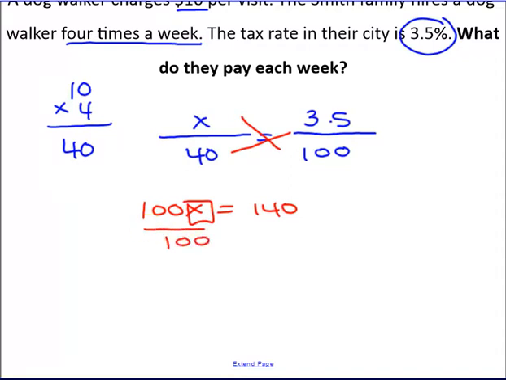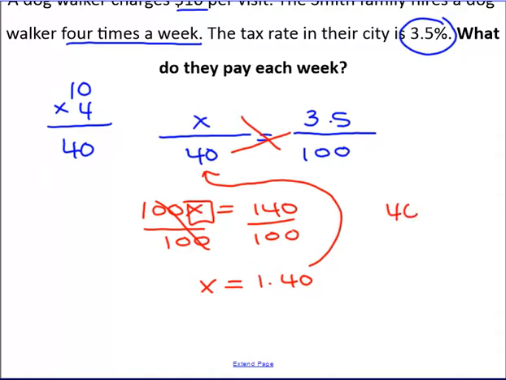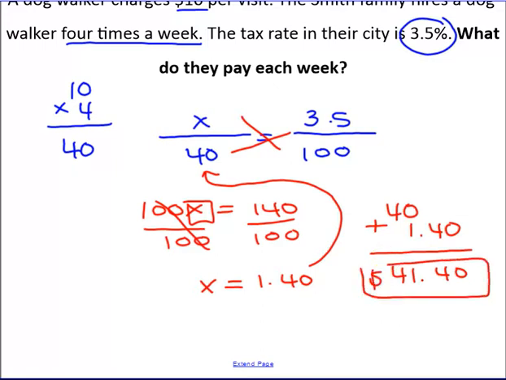Divide by 100 on both sides. This cancels. X equals 1.40. Now, I'm trying to figure out the total, so I'm going to take this and add it back into the original price. 40 plus 1.40, and that's going to give me $41.40. So that's how much they pay each week for a dog walker.